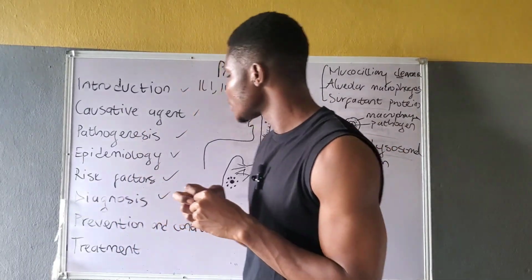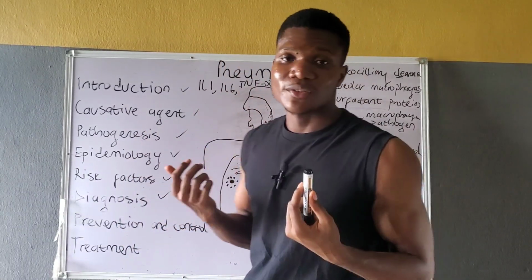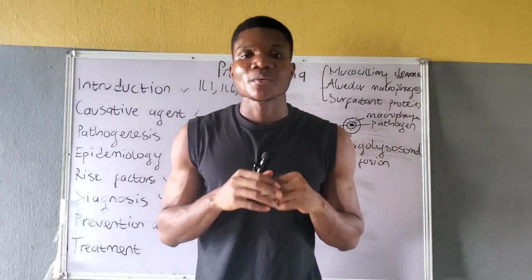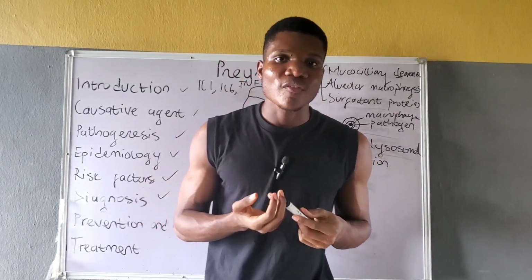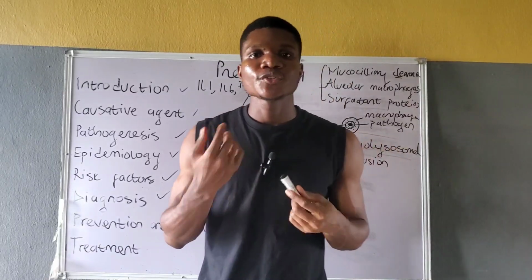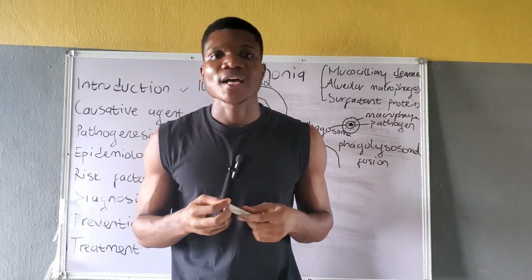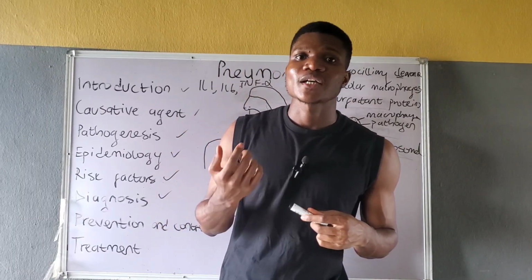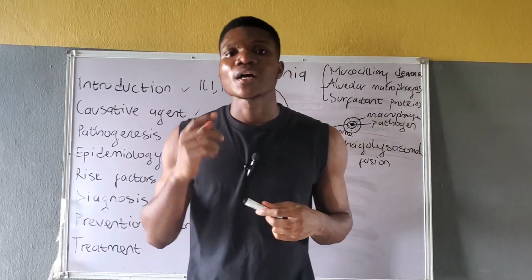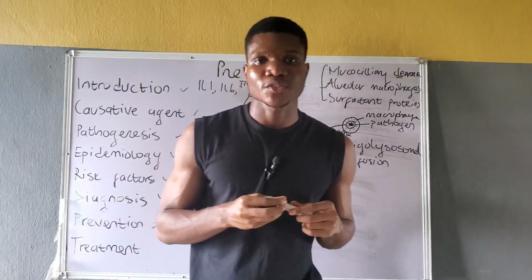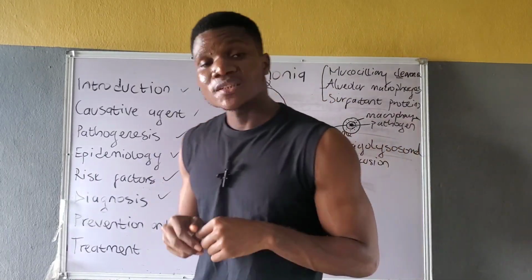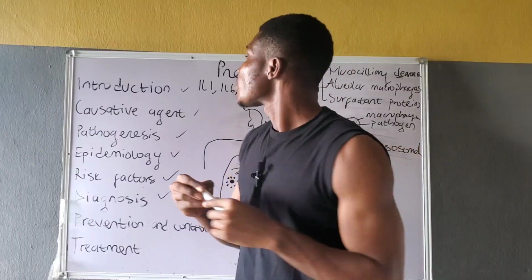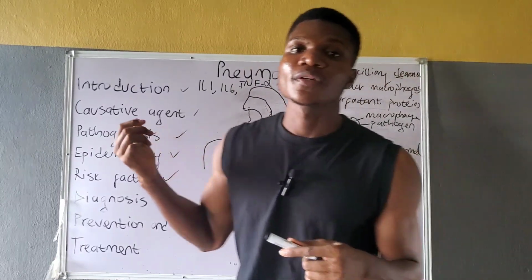So, very important to note is reducing risk factors, such as cessation of smoking, control of alcohol intake, reducing air pollution, as well as improving nutrition. These are preventive and control strategies that are used in curbing the spread of pneumonia.